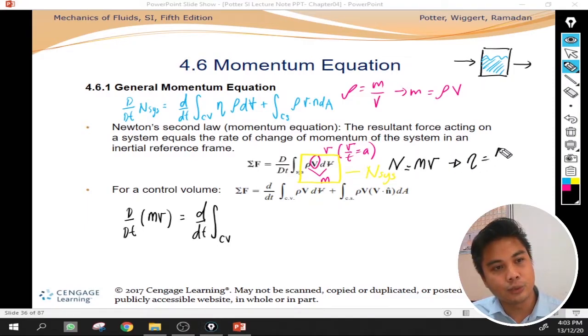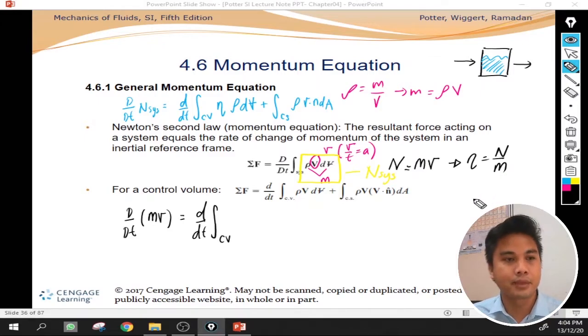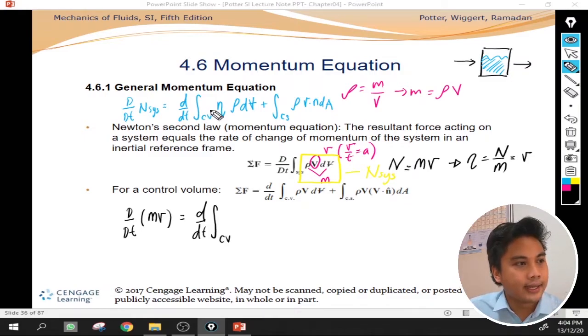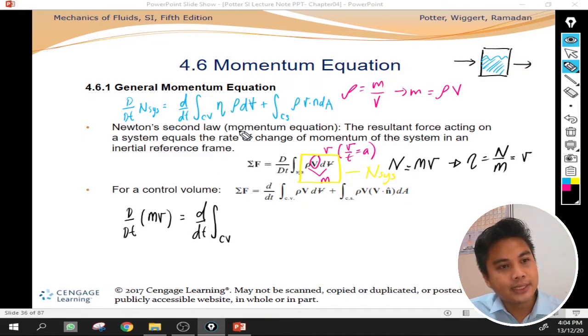The intensive property is equal to N over mass. So the extensive property divided by mass gives us the velocity. We substitute the intensive property, which is the velocity, here: velocity times density dV, plus the integral over the control surface. Control surface means this outside surface.